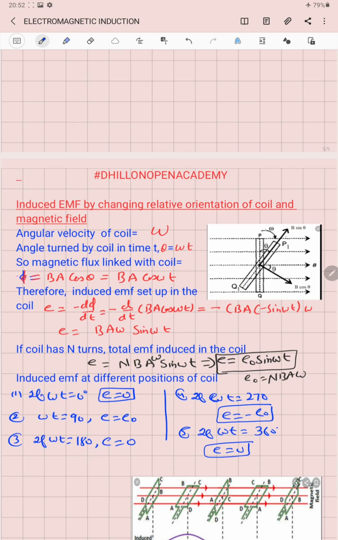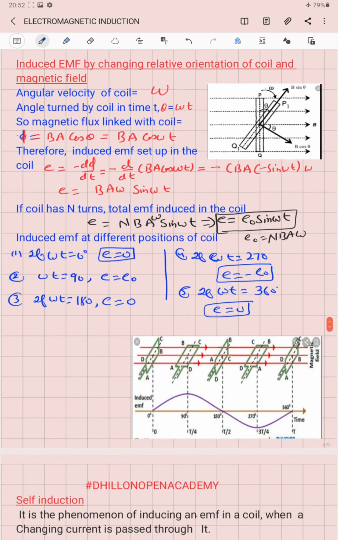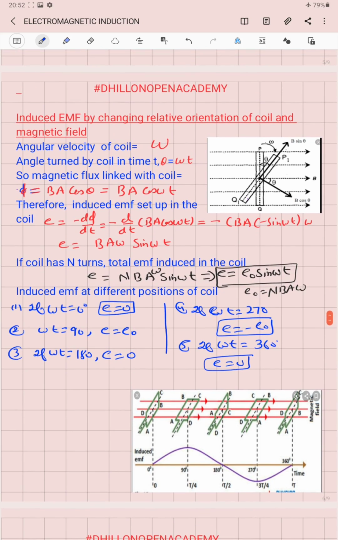So if we plot a graph between the EMF and the angle of rotation of the coil, we get this shape of graph, which indicates that when the normal to the plane of the coil is in the direction of the magnetic field, that is when the area vector and magnetic field are parallel to each other, flux is maximum but induced EMF is 0.